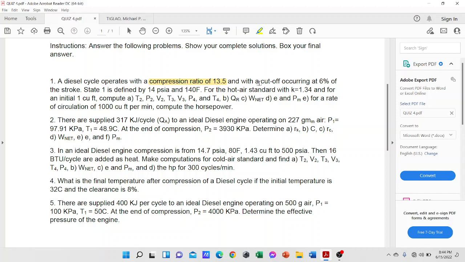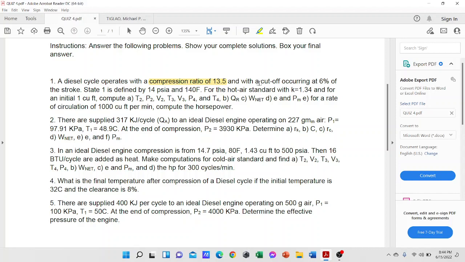Therefore, our rc, the cutoff ratio, still needs to be solved. The cutoff is 6% of the stroke. The stroke is the reciprocating motion of the piston, from top dead center to bottom dead center.